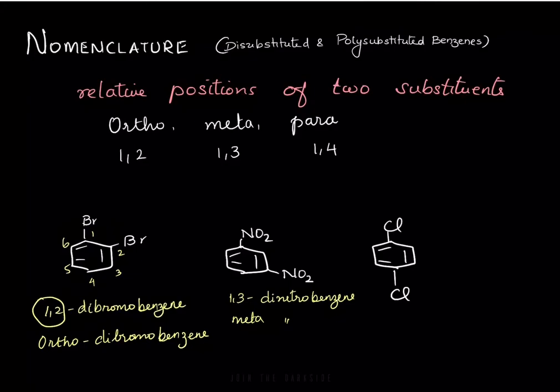And this compound right here has two chlorines, but they are in 1, 4 position. So as you can see here, if you number it, 1, 2, 3, 4, it's 1,4-dichlorobenzene, or you can also call it para-dichlorobenzene.